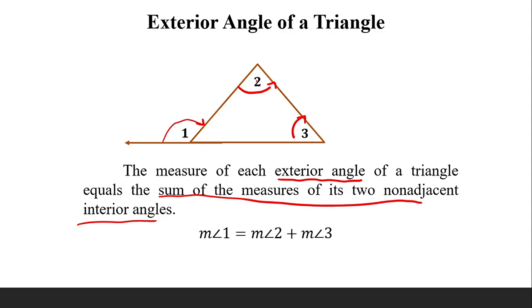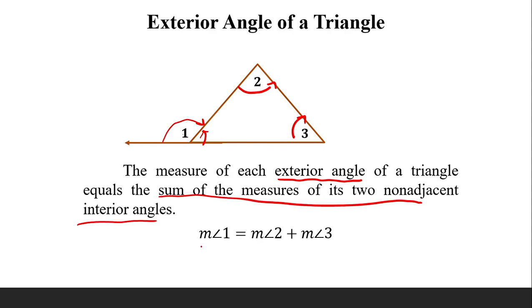These two angles, angle 2 and angle 3, do not share the same line or same side with angle 1, meaning they are far away from angle 1. And this here is what we call the adjacent angle of angle 1 because they share the same side. Angle 2 and angle 3 do not share the same side. That's why they are non-adjacent angles.